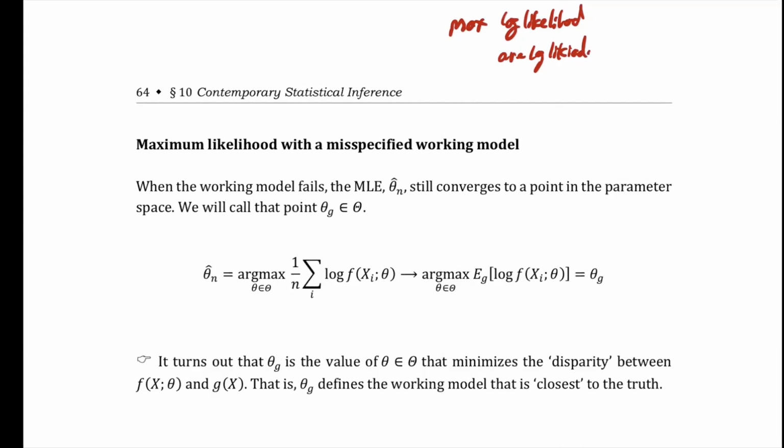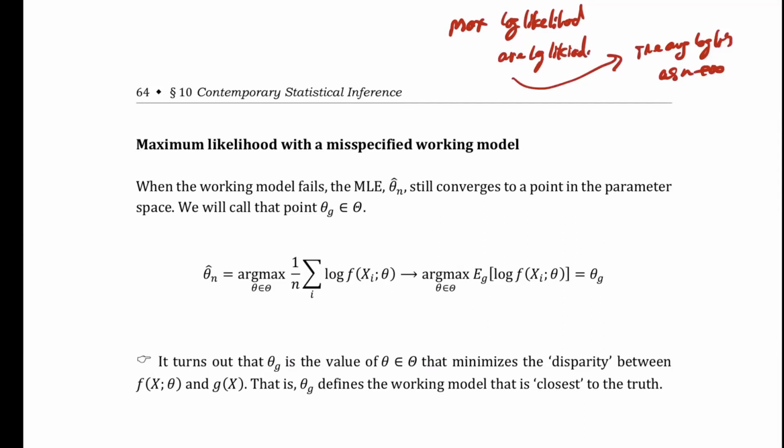That doesn't change anything. And the average log likelihood will converge to the true average log likelihood as the sample size gets bigger. So you're going to maximize the log likelihood in the population. How does that work? Well, let's see.